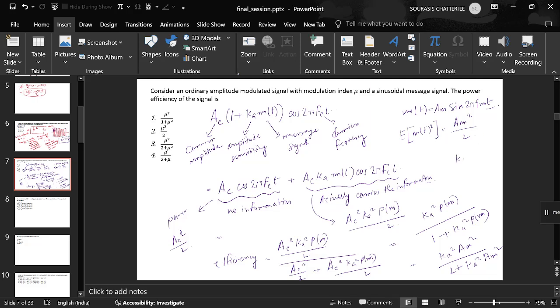And this Ka times Am is what is called mu, that is the modulation index. So if we replace the values here, we'll just get mu squared divided by 2 plus mu squared.